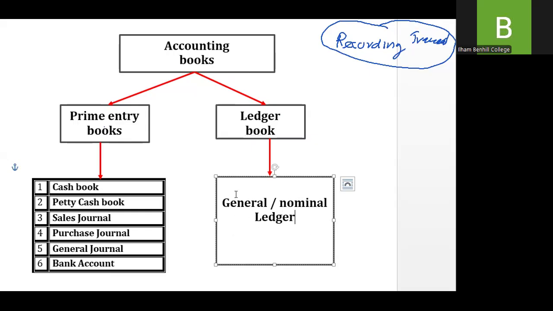Basically, we have to draw accounts in the ledger book, and record transactions based on double entry principles you might have studied: asset increase, debit; asset decrease, credit, and all that. I'll be discussing these in future videos. So this is all for the time being. We'll see you in the next video.